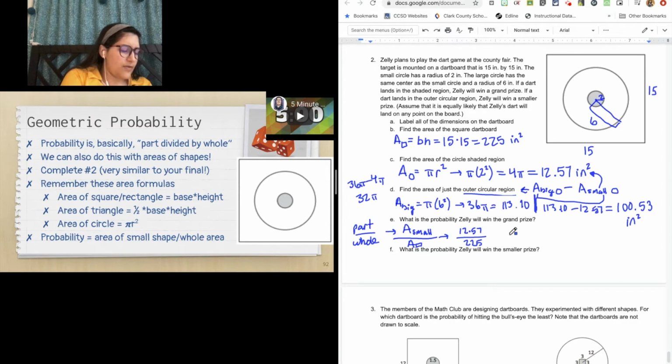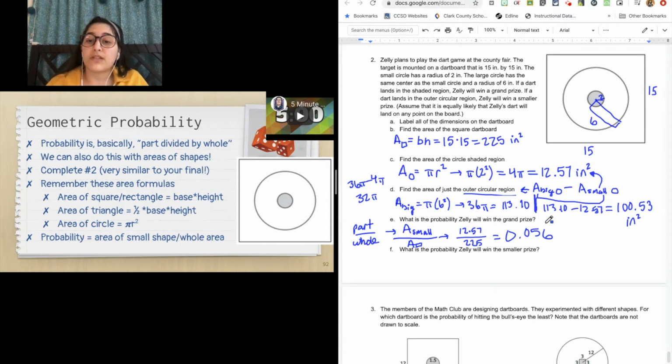I have 12.57 and I'm going to divide that by 225. And when I do, I get 0.056. Typically with probability, it's a good idea if you can to give me 3 decimal places. So here is your probability.